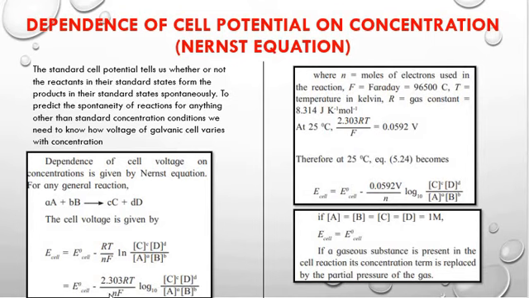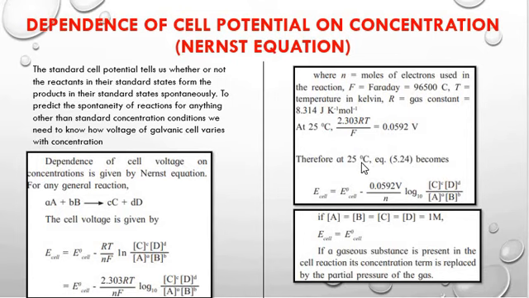Here n is the number of moles of electrons used in the reaction, F is the Faraday, its value is equal to 96,500 coulombs, T is the temperature in Kelvin, and R is the gas constant, whose value is 8.314 joule per Kelvin per mole. If we calculate at 25 degrees Celsius the value of 2.303 RT upon F, it is 0.0592 volt.